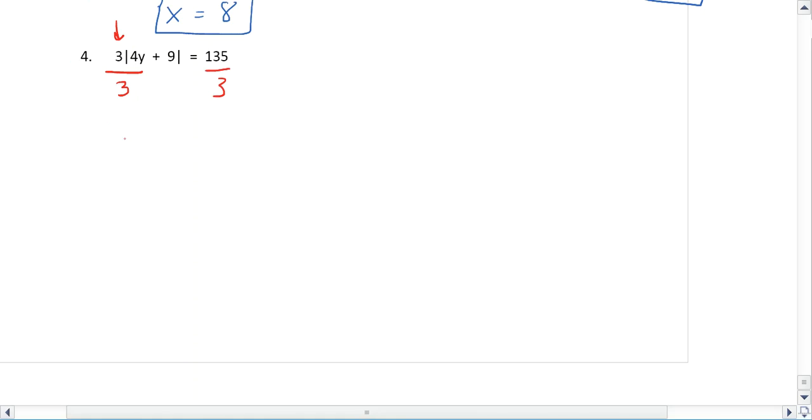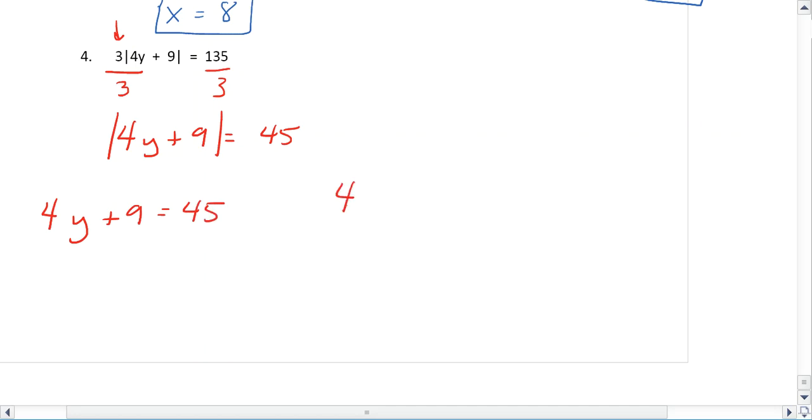And that gives me 4y plus 9 equals 45 in the absolute value. So now the absolute value is isolated. Now we stop and double our work by setting it equal to the positive 45 and setting my absolute value equal to the negative 45. And now we'll solve them separately.